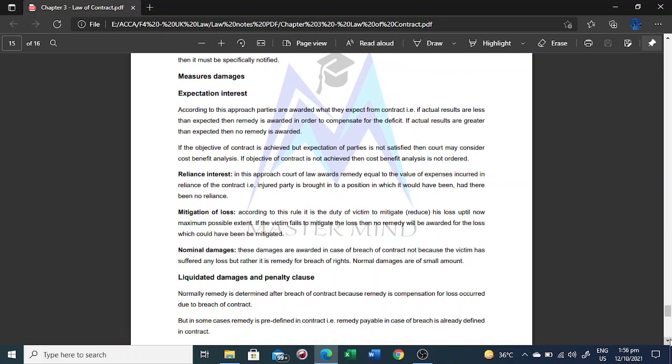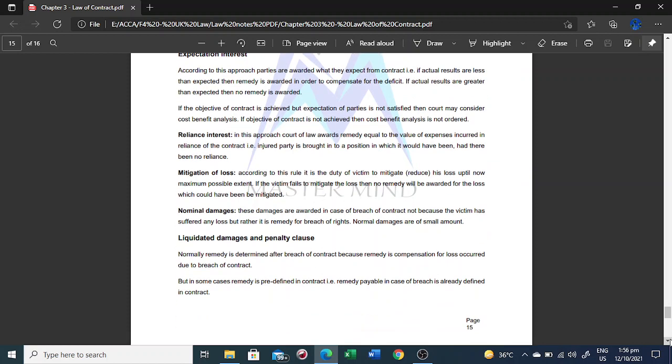Measures of damages: expectation interest. As per this approach, parties are awarded what they expect from the contract. So if actual results are less than expected, then a remedy is awarded to compensate for the deficit, the decrease in your reward.